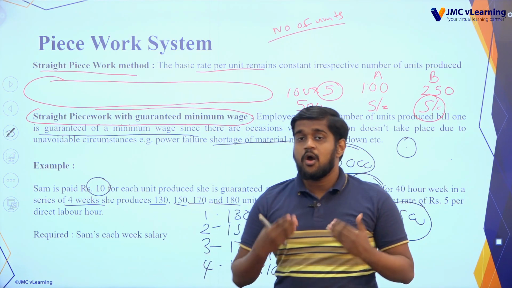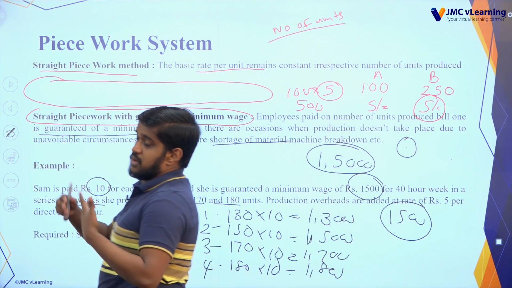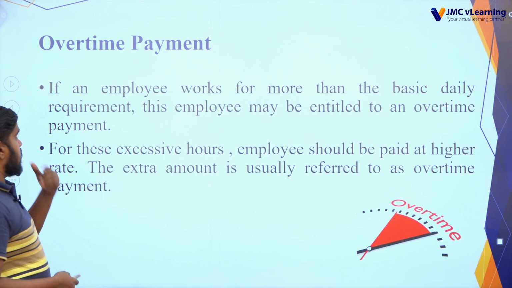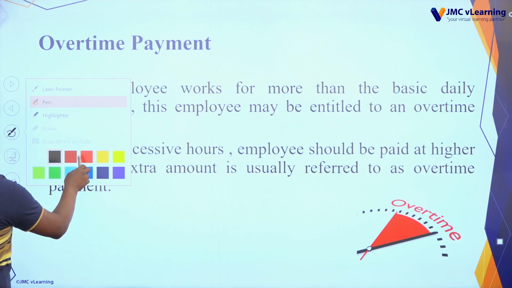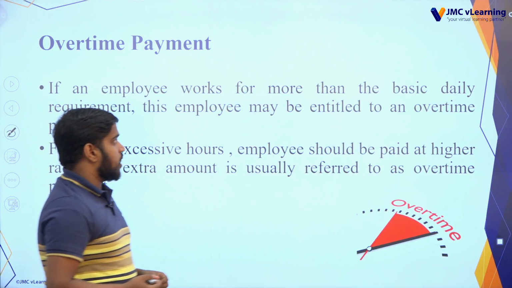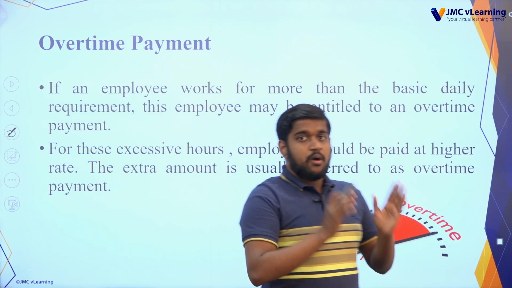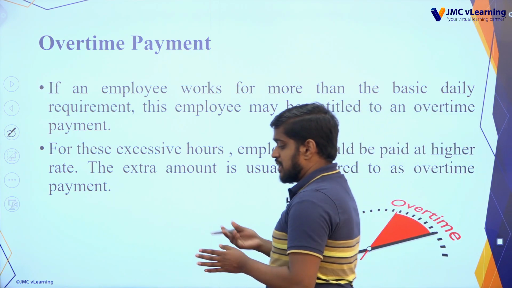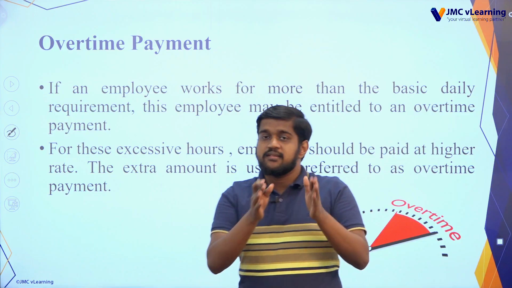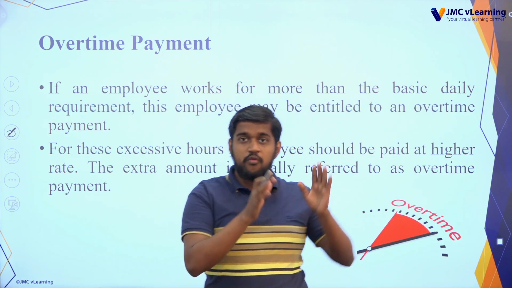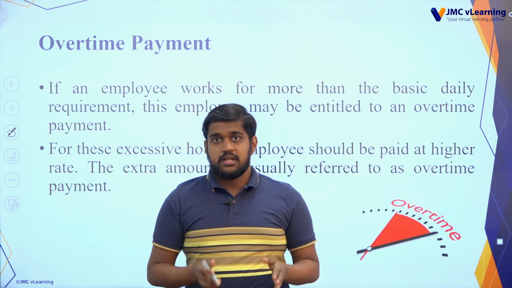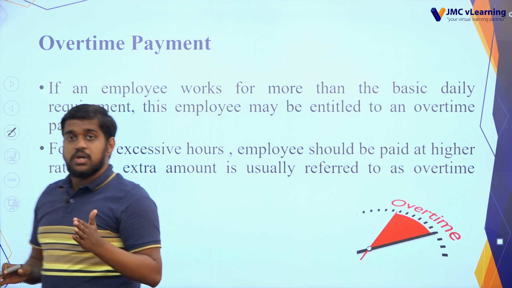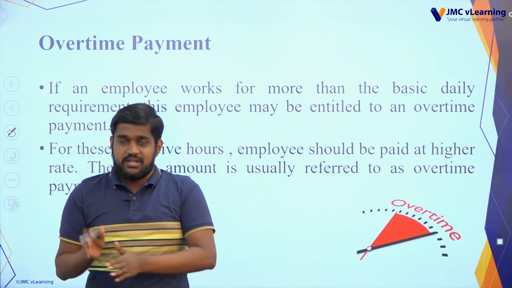Then let's see how we can calculate overtime payments and what is the meaning of overtime payments. Simply, we should pay overtime if an employee works more than the daily or weekly requirement. In some situations, most organizations establish daily or weekly requirements. That means every employee in the organization should work at least 40 hours.